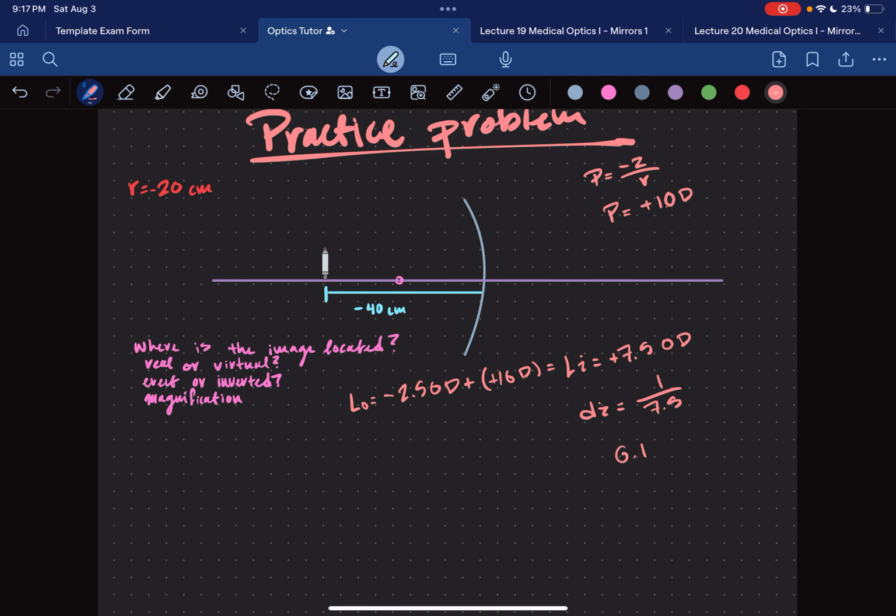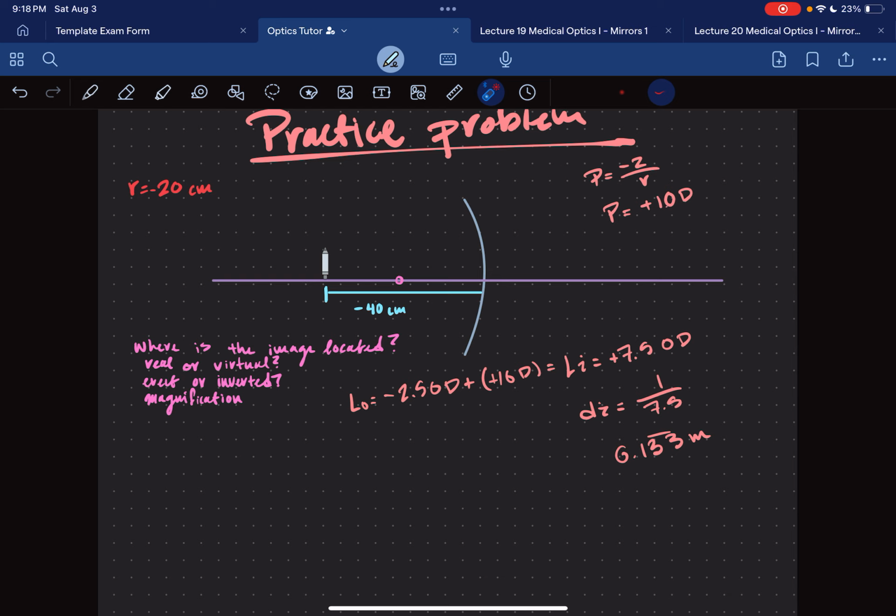We get 0.133 repeating meters. And since it's positive and light after reflection is going this way now, we measure with the direction of light 0.13 meters away, and it should be somewhere in here. Okay? So that's one way you can think of it.